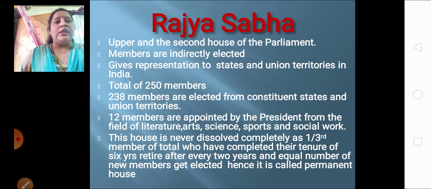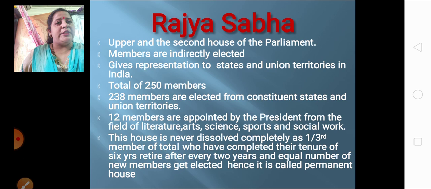Because 1/3 of the members who have completed their tenure of 6 years retire after every 2 years, and an equal number of new members get elected in their place. So how many are going, that many are coming in. Here the house is not getting dissolved at all, and so this house is also called the permanent house. I hope you all have understood.